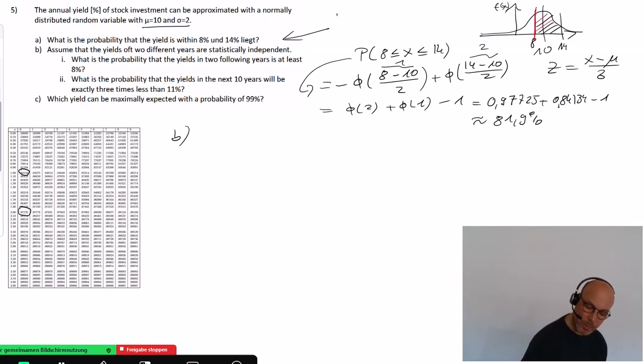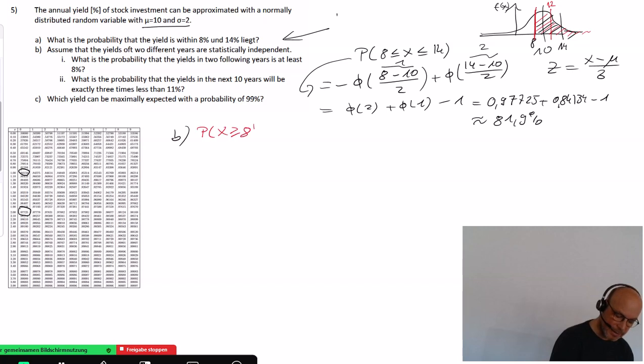Now we want here the total probability larger than 8%. And this, we know that this would be the same as we would take here the 12 going to the left. So this would be P of x larger than 8 is just our phi of 1.